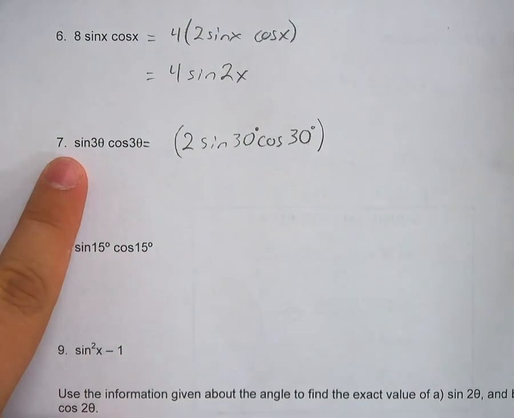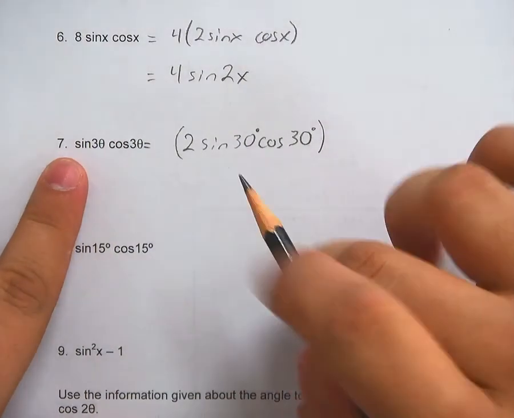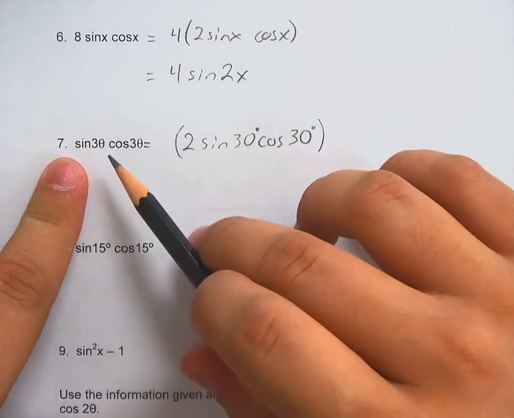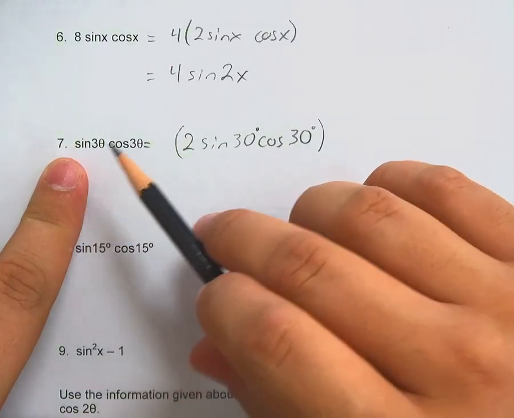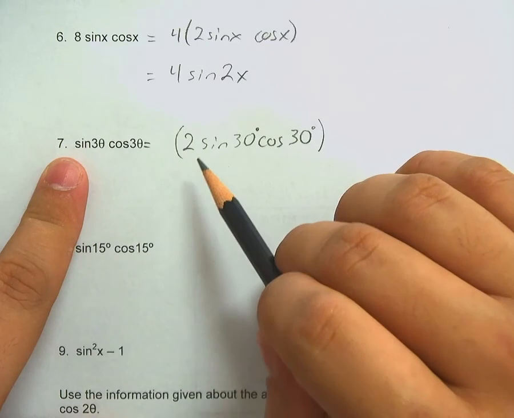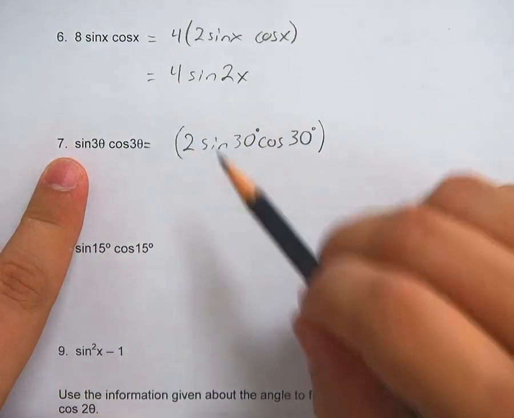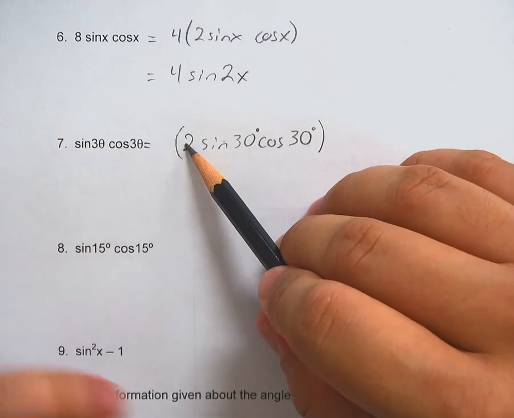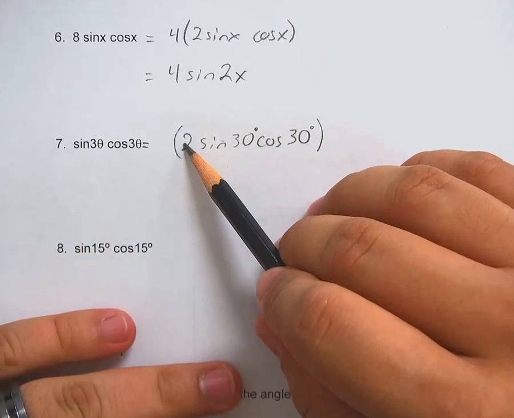But you know as well as I do that I can't just plop a 2 in here and say that it's the same thing as it was before. Sine cosine isn't 2 times sine cosine. This is double. So how do I compensate for this 2 that I just pulled out here?